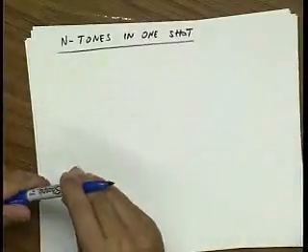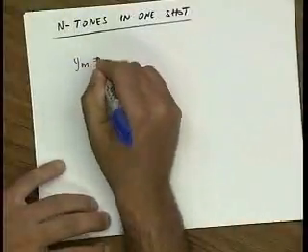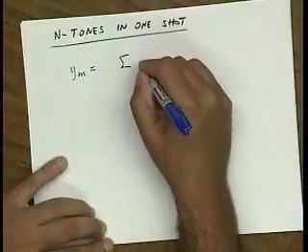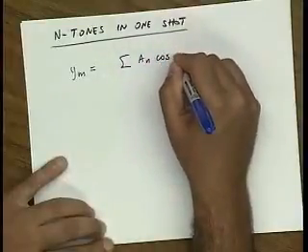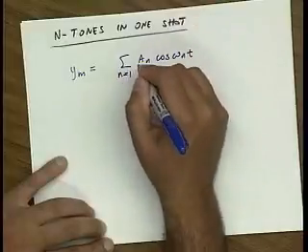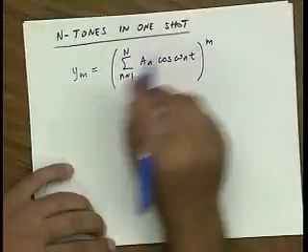So let me assume that I want to calculate the output of putting in tones n equals 1 all the way to N and taking the mth power.